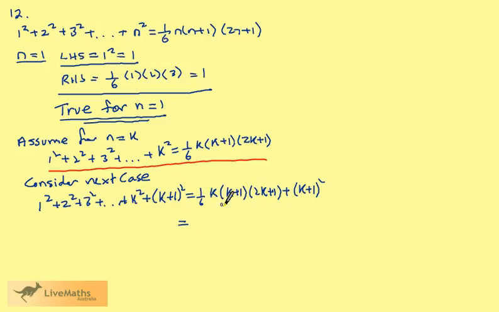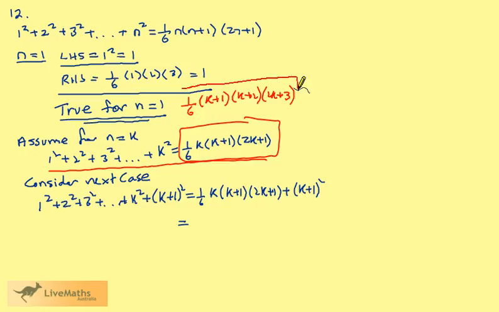Now let's work with this right-hand side. The idea is to get this expression with the k's replaced by k plus 1's. So we're looking for 1/6 k plus 1, k plus 2, and this would give us 2k plus 2 plus another 1, so 2k plus 3.